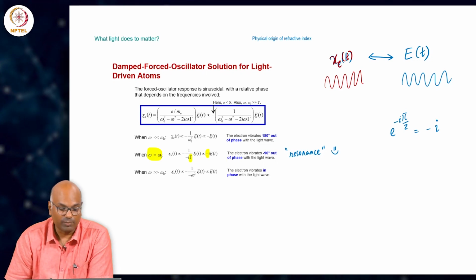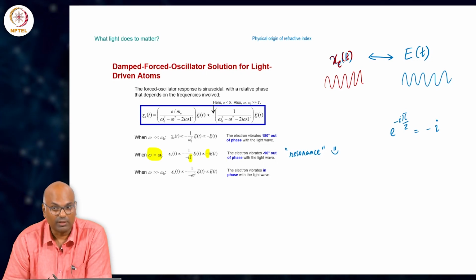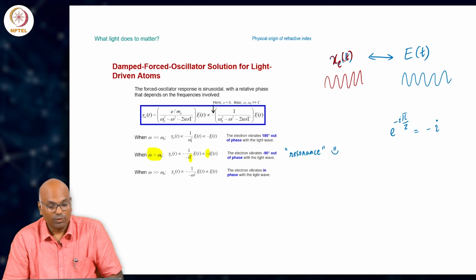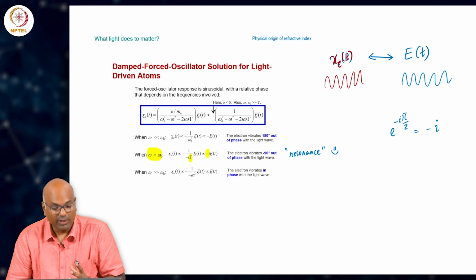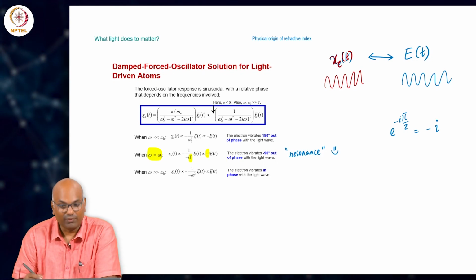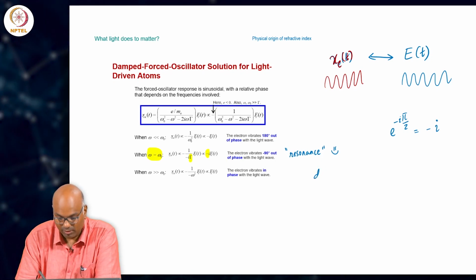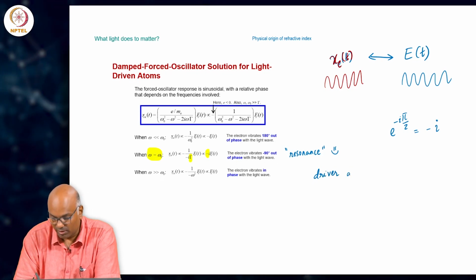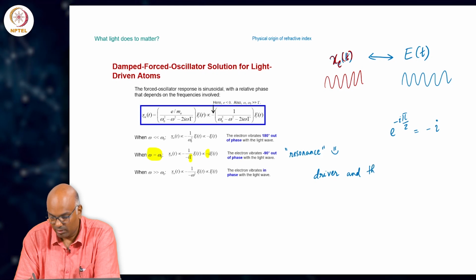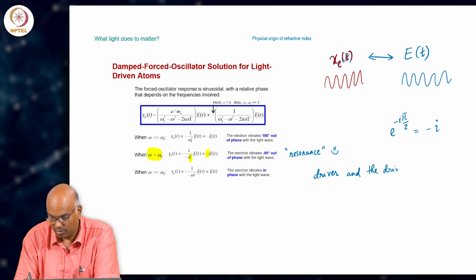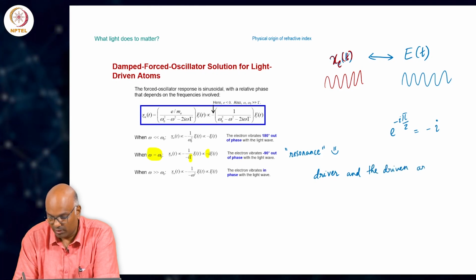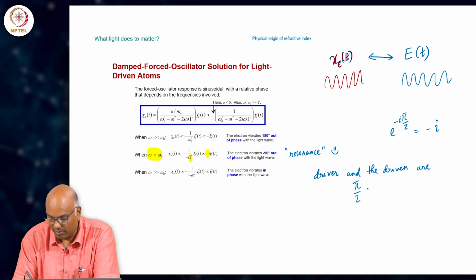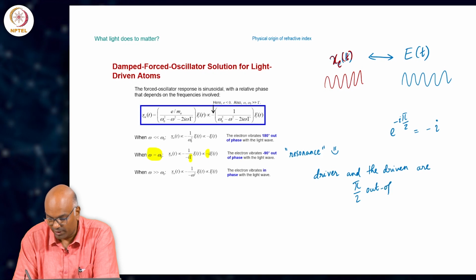Therefore, they are out of phase by 90 degrees. This is a very important fact of life, that at resonance, you can remember this as an adage, the driver and the driven are, we always say, pi by 2 out of phase. This is very important.